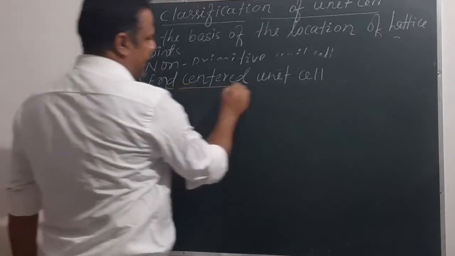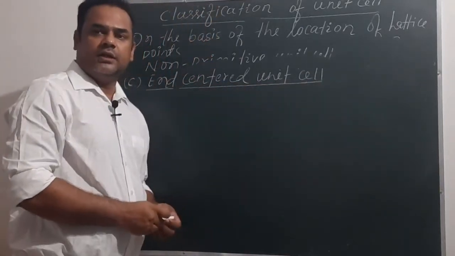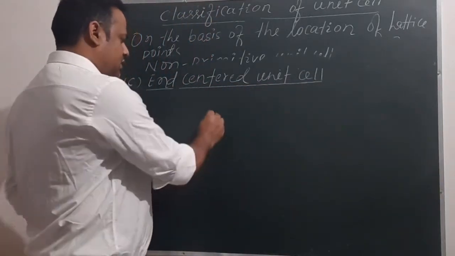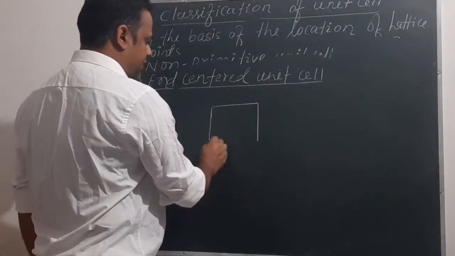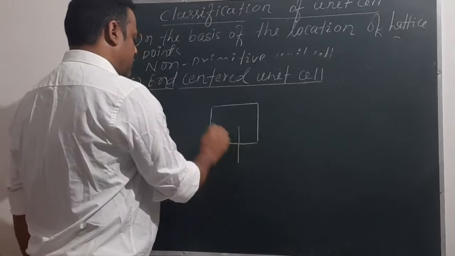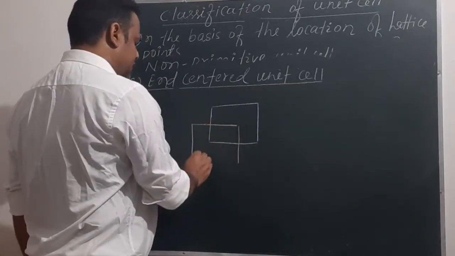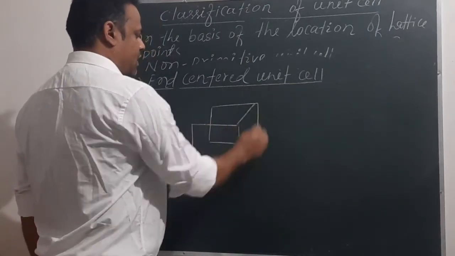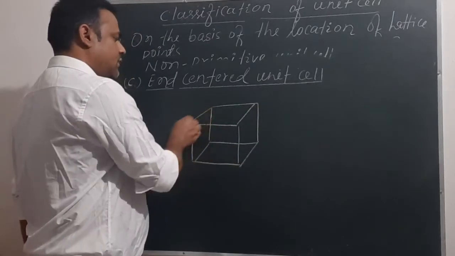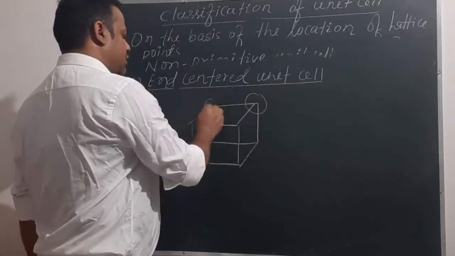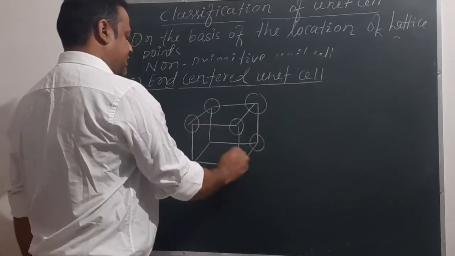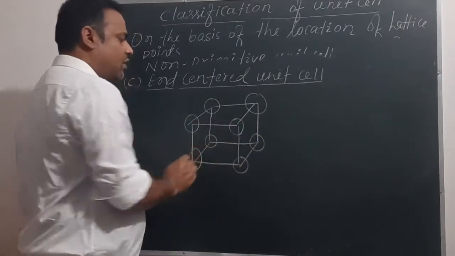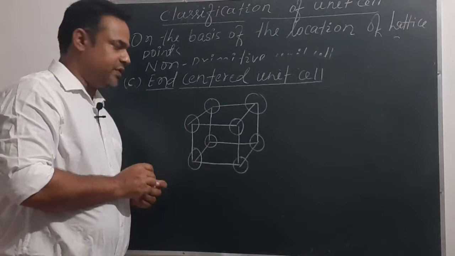In case of end-centered unit cell, constituent particles will be present at corners. Constituent particles are always present at corners, but in case of non-primitive, they are present other than at corners also. So constituent particles are present at the corners of the unit cell, you can see here, as well as on any 2 opposite faces of the unit cell.